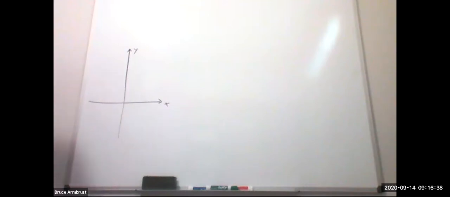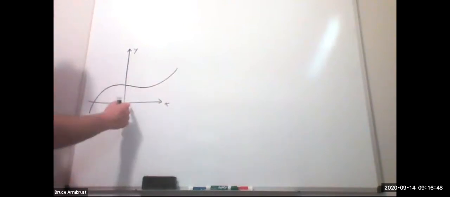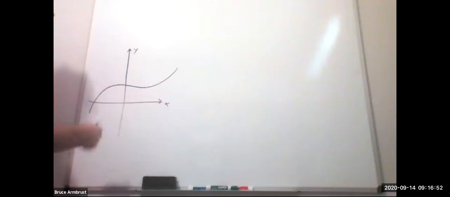And so in order to be a function, if we were to draw something like this, remember what we said about functions, is that for everything we plug in, for every x, there's only one y.